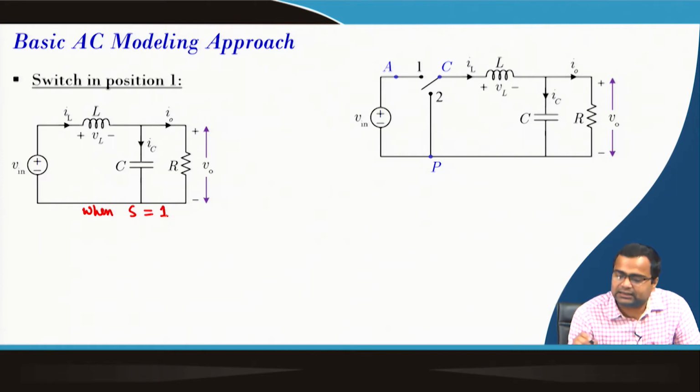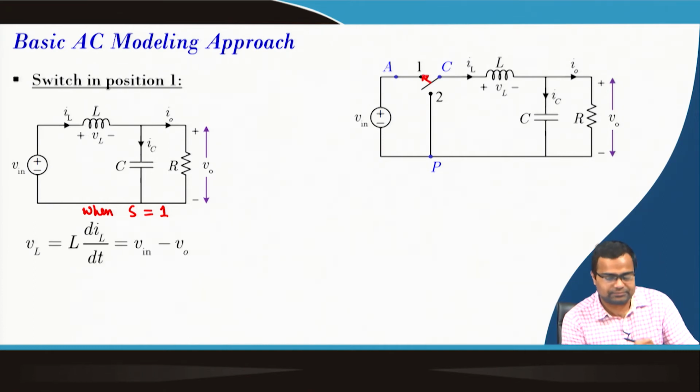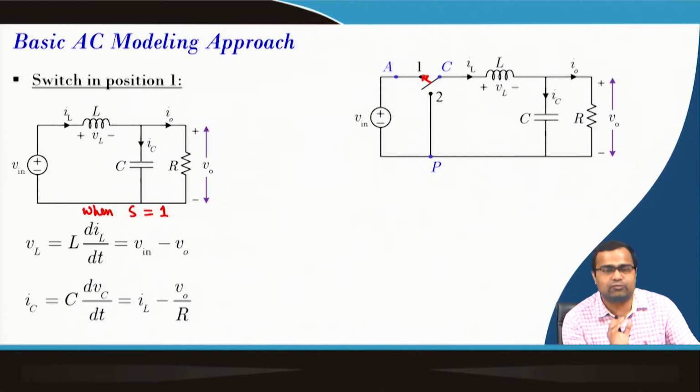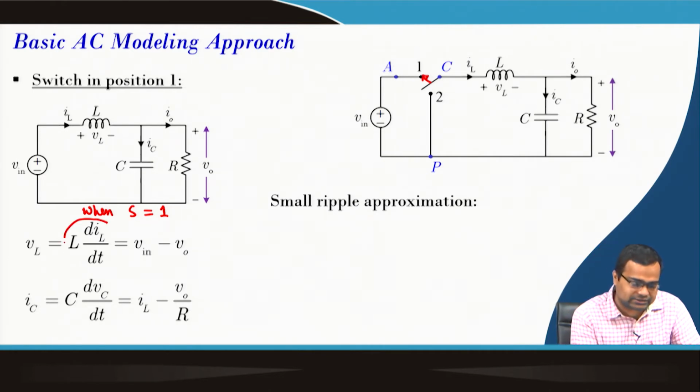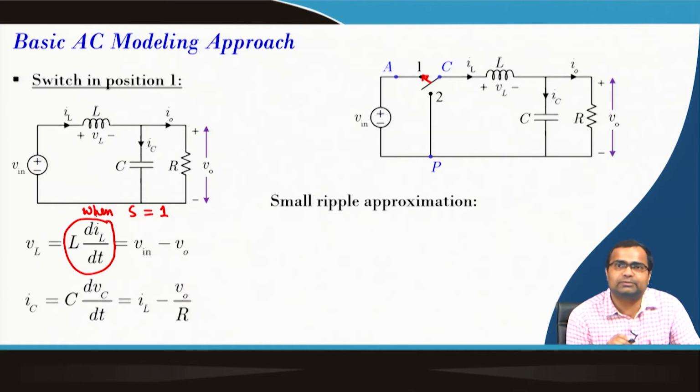Then from this subsystem, it is simply an RLC circuit. We can write down all the equations corresponding to this switch state. Out of these equations, there are two dynamical equations, one is the derivative of the inductor current and the other is the derivative of the capacitor voltage.